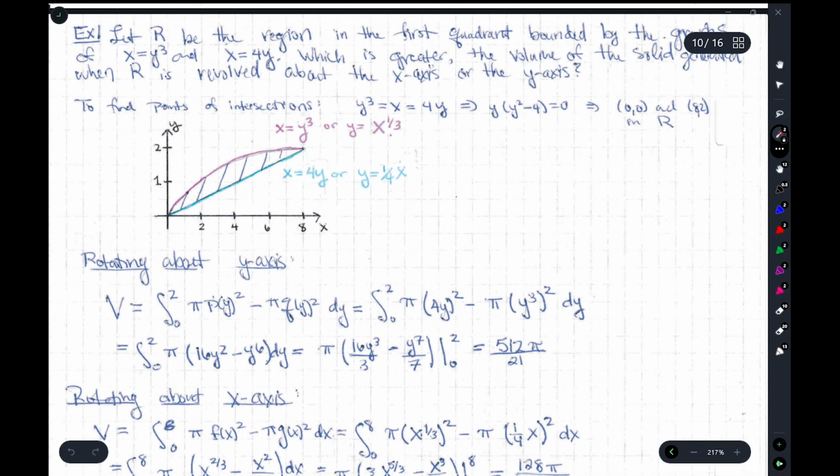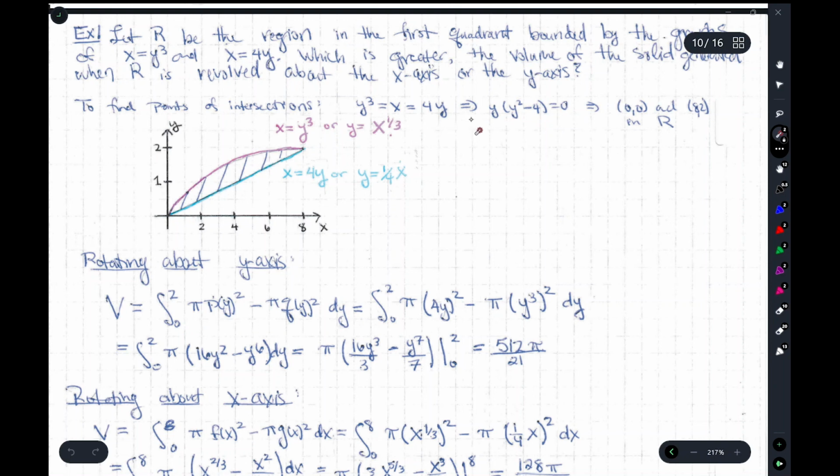First order of business is to actually find where these intersect, and again you do that by just setting them equal to each other. They're both equal to x here, and so we'll just set y cubed equal to 4y, and you end up getting that y is either 0 or 2.